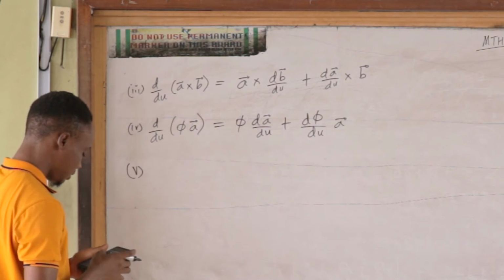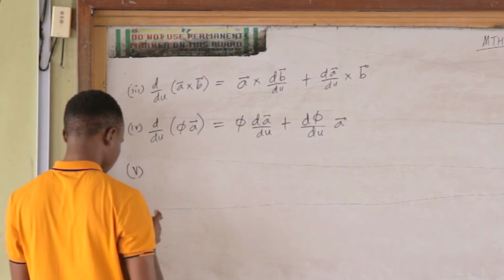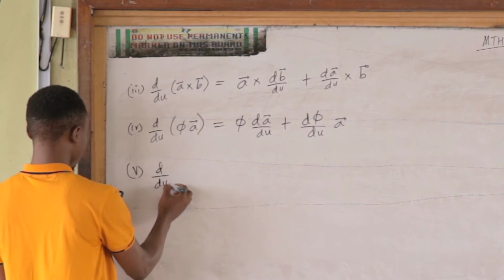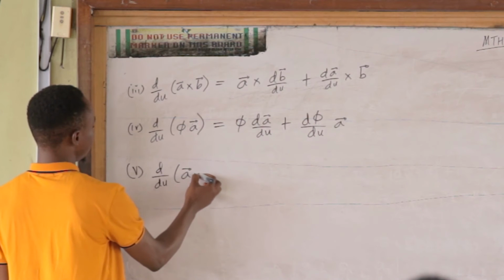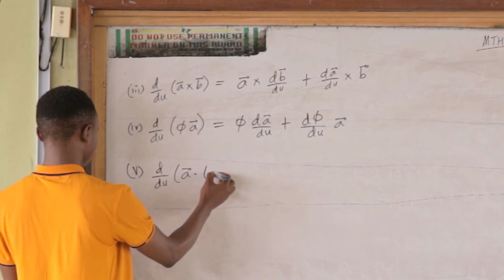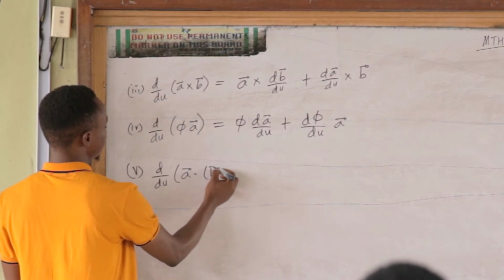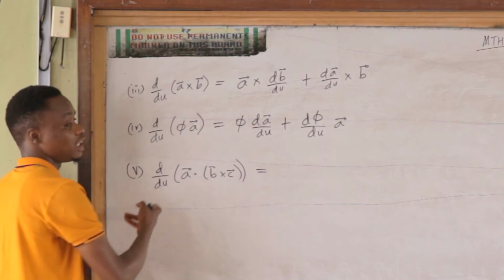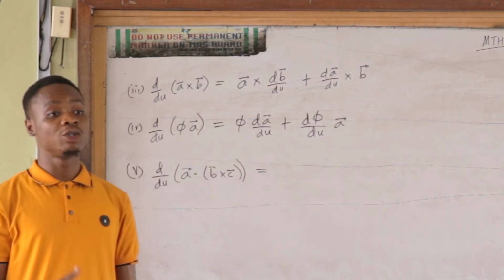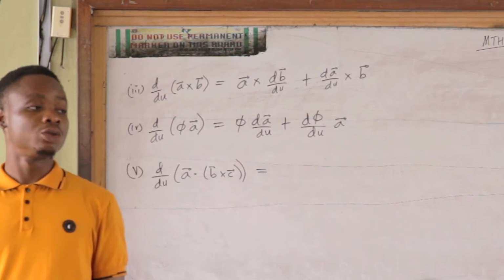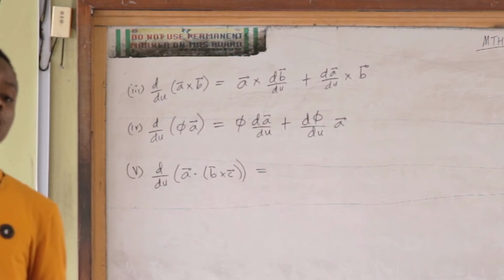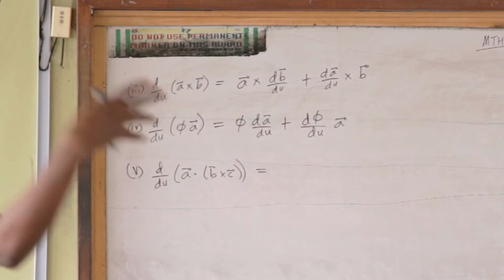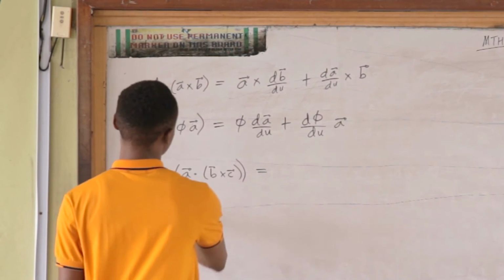This is going to be du of A dot B cross C. So here we have three vectors. So we're going to apply our product rule. We differentiate them in terms. We pick one, differentiate it, keep the others constant. Pick the next one, differentiate, keep others constant until we get through everything.